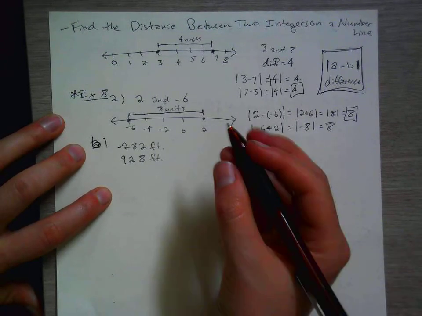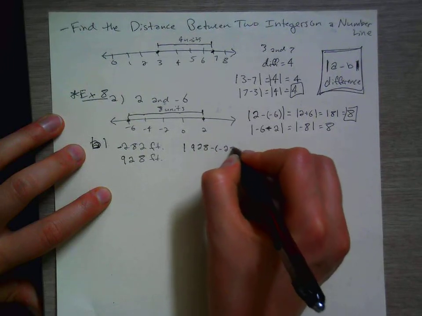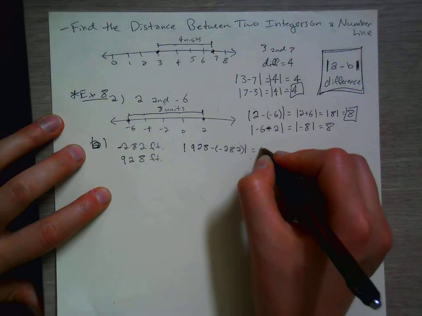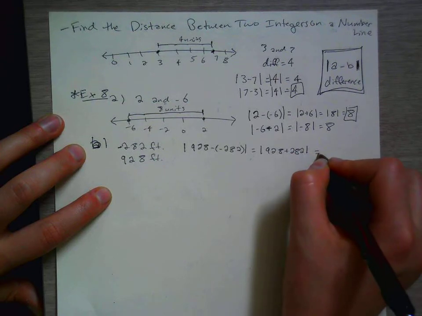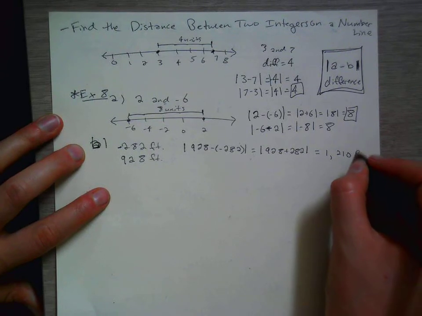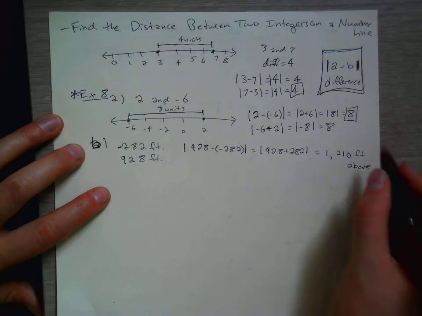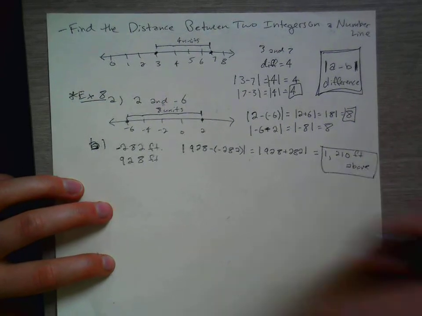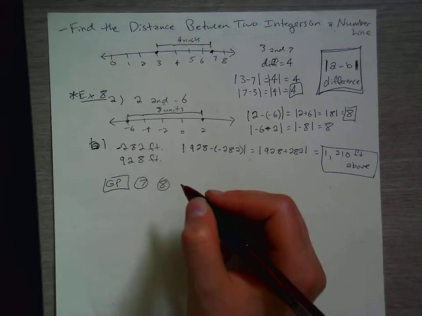So we could say 928 minus negative 282 equals 928 plus 282 equals 1,210. This one will be a little bit more difficult to do on the number line. So this many feet is the difference. Okay? So go ahead and try guided practice 7, 8, and we'll see you in class.